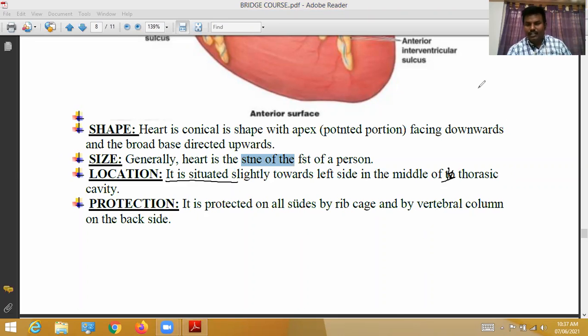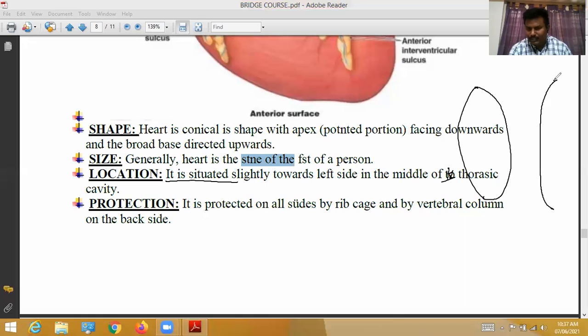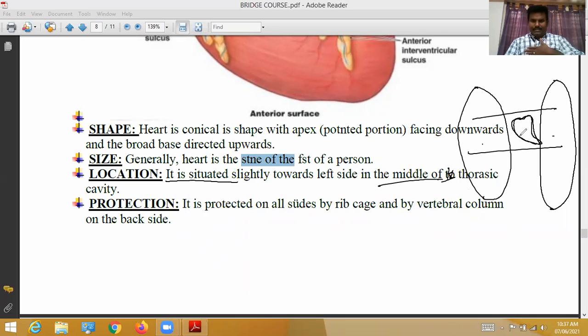Here we have the right lung and left lung, and the heart is located in the middle between them.